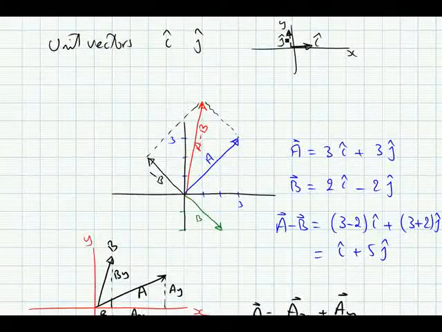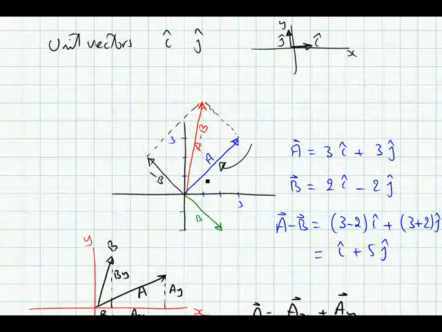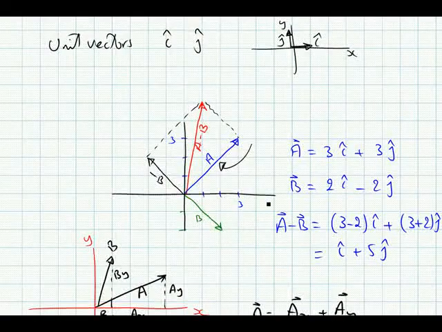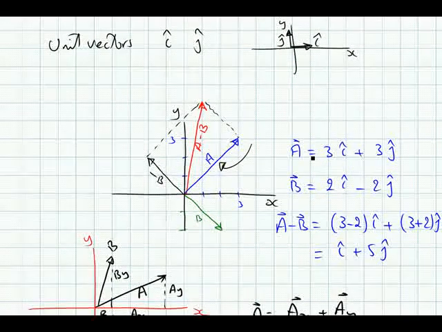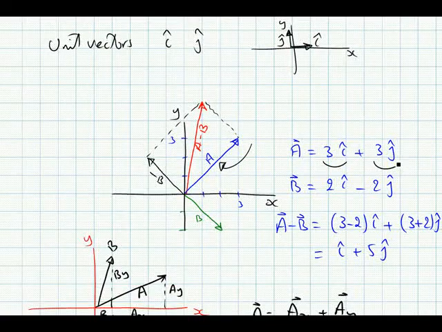So if you have a vector A, in this case this blue vector down here, and A, as you can see, is 3 units along the x-axis and 3 units along the y-axis, then you can write vector A as 3i plus 3j.